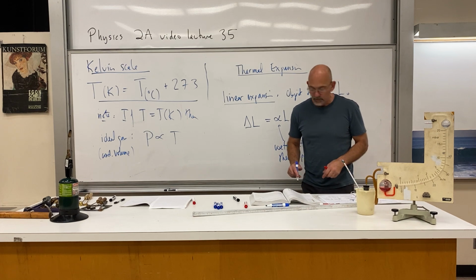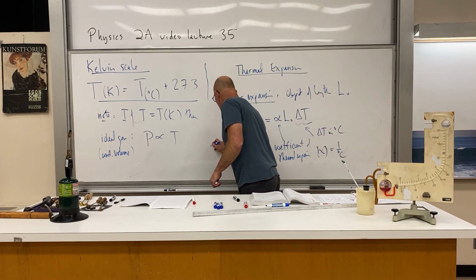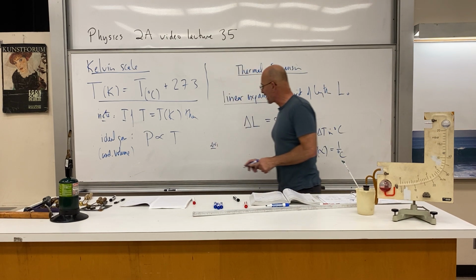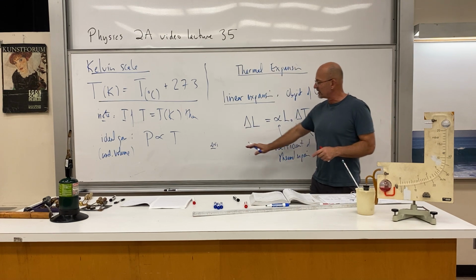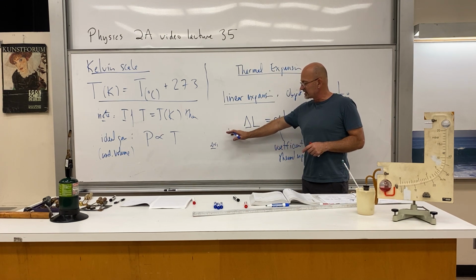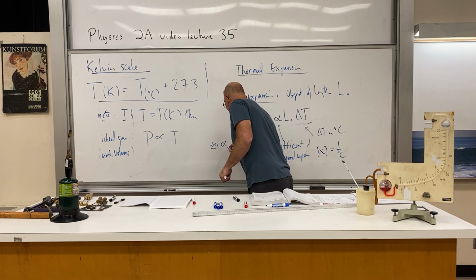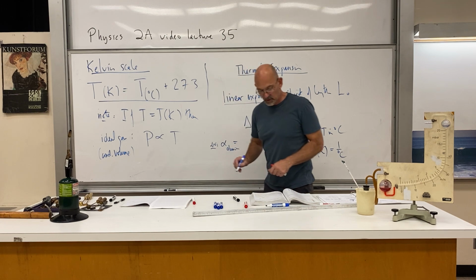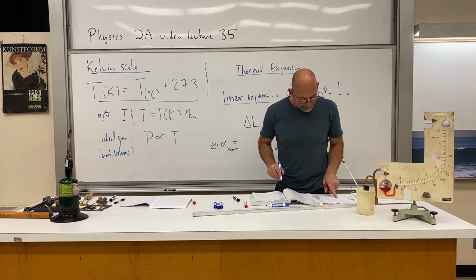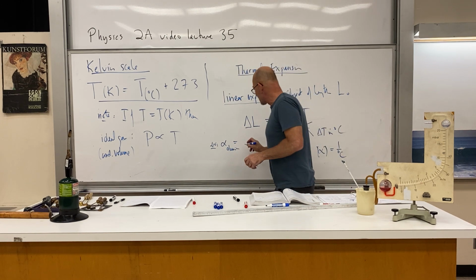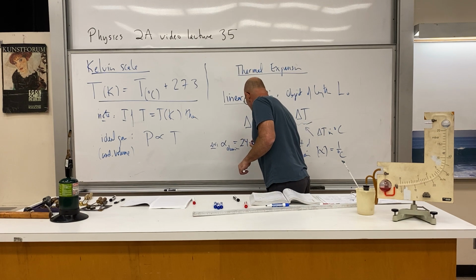Yeah, alpha for aluminum. And by the way, you have this in your book, so you could leave some space in your notes and write down 2 or 3 of these of interest. So alpha sub aluminum is equal to 24 times 10 to the minus 6. That's probably straight out of our book.